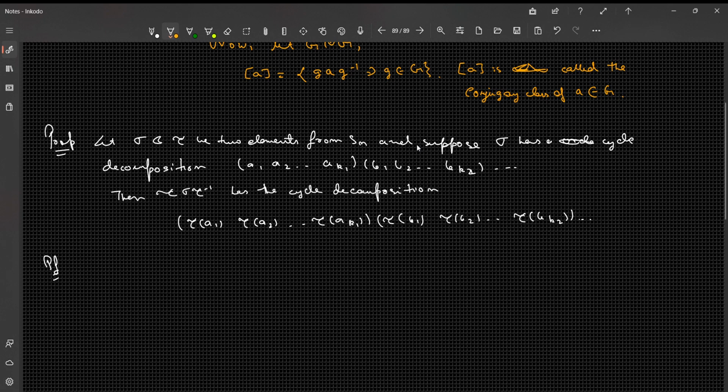The proof is pretty quick. Basically, observe that if sigma sends i to j, then tau sigma tau inverse of tau i is nothing but tau j, right?